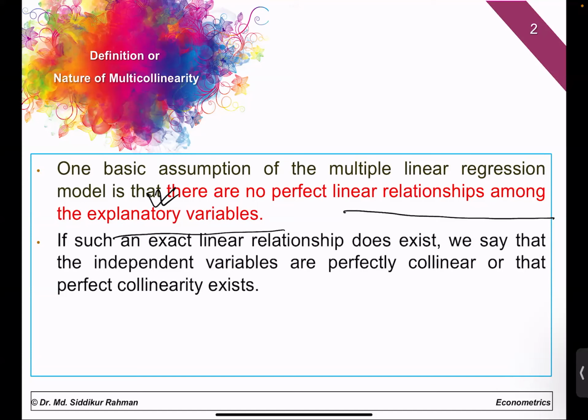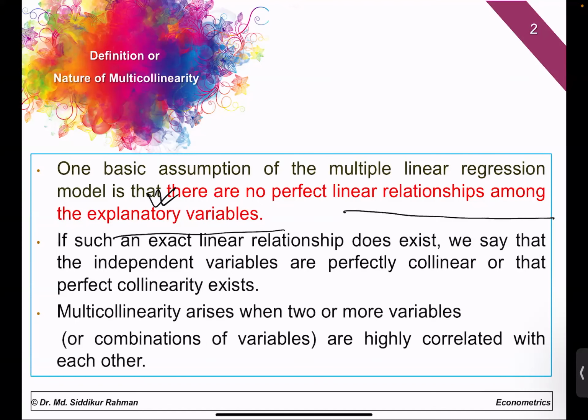The collinear variables are the independent variables here. This problem is called the multicollinearity problem. Multicollinearity arises when two or more variables or combinations of variables are highly correlated with each other.